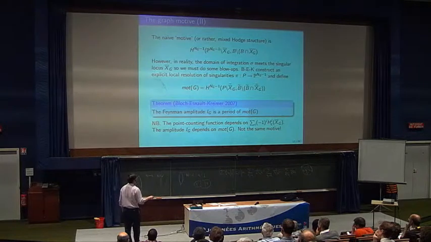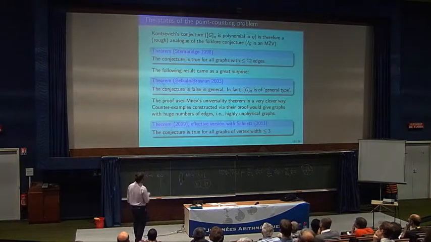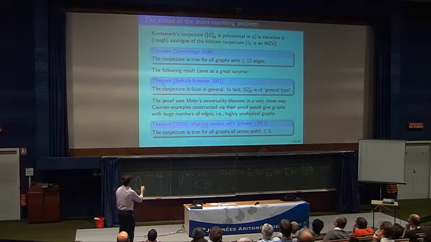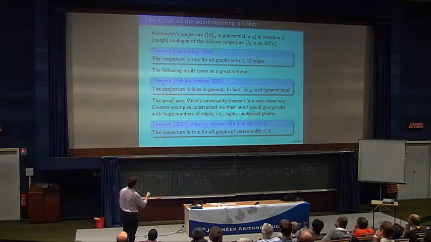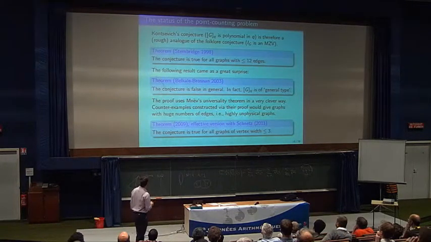And this is the source of all the subtlety. But anyway, after that digression, we can take it that Kontsevich's conjecture, which said that the point counting function is polynomial, is some kind of vague analog of the conjecture that the integral is a multiple zeta value.